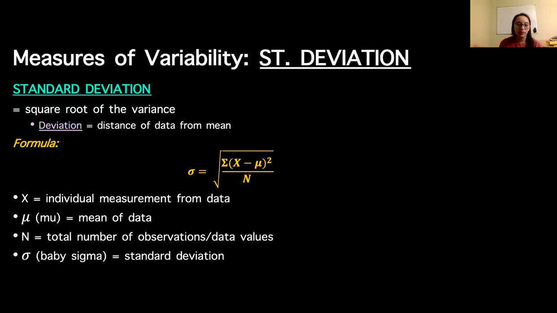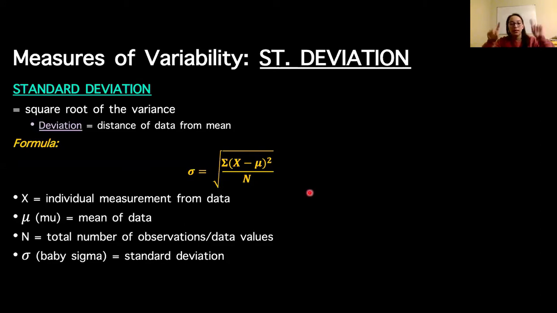So the square root of 4 can be plus or minus 2. This is nicer when we're reporting statistical information, because we can say there's a given mean that we've calculated for a sample, and the deviation away from that mean is approximately this value above or this value below.